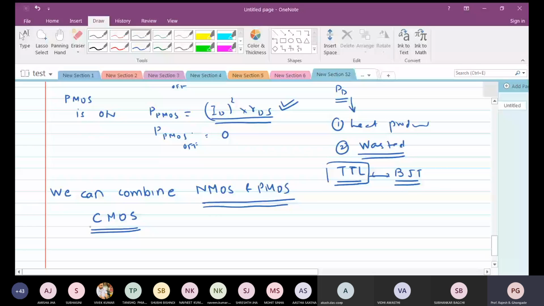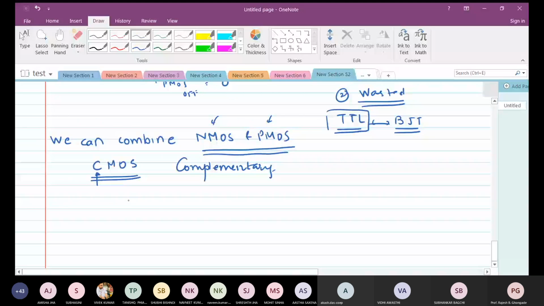C stands for complementary. Why are they called complementary? Because we use both NMOS as well as PMOS in constructing the circuit. So how does the circuit look? It is very simple. Instead of that R, I am replacing it with a PMOS device.